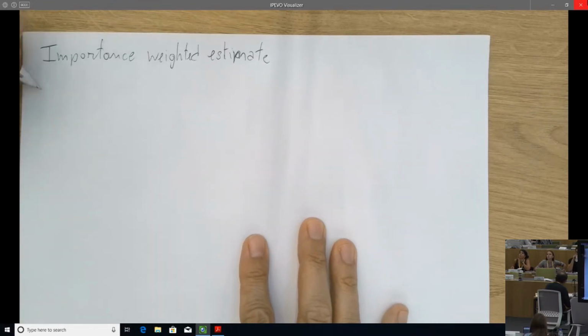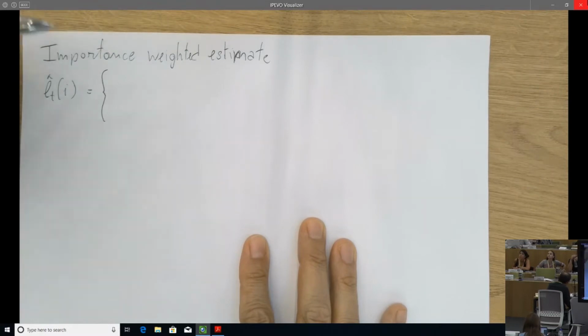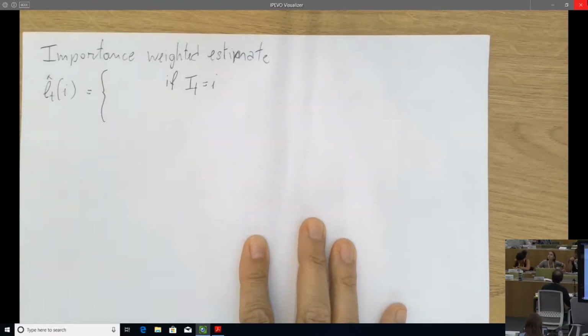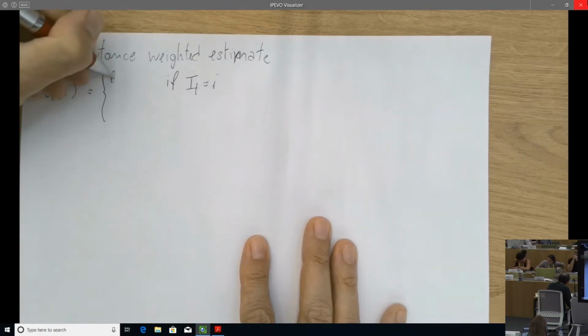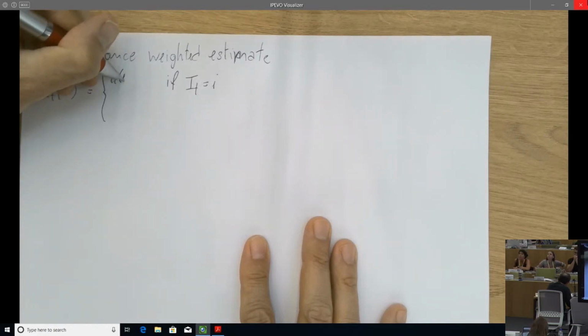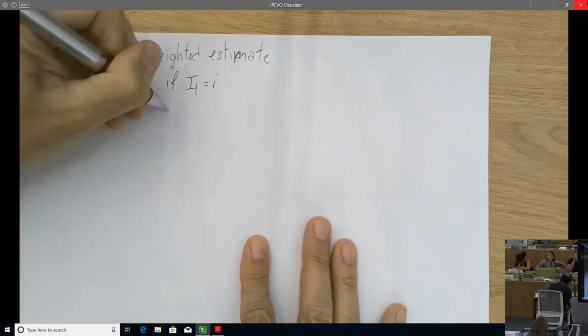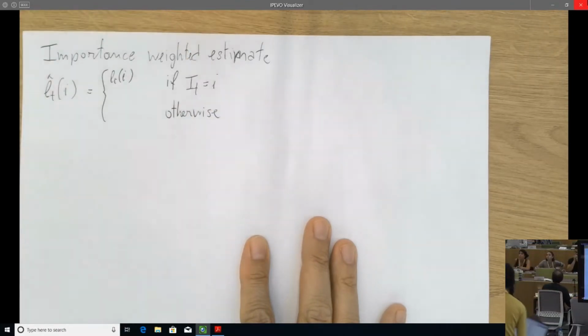The idea is, let's see. I want to estimate the loss of action i at time t. There are two cases. Either I do play action i at time t, in which case I do observe the loss of action i at time t, so I can definitely use this information. Otherwise, if I don't play, I don't observe anything.